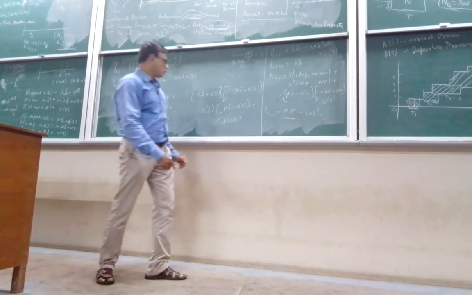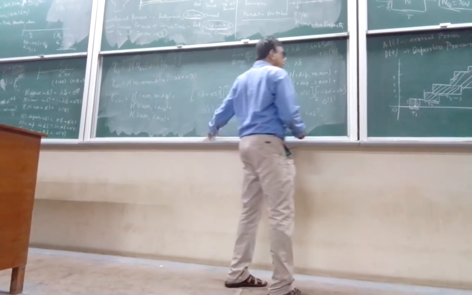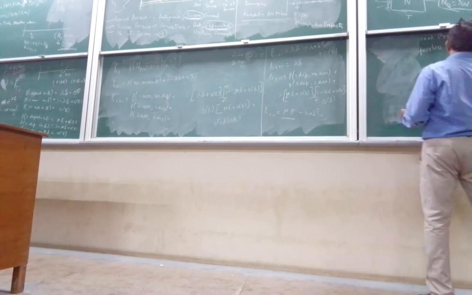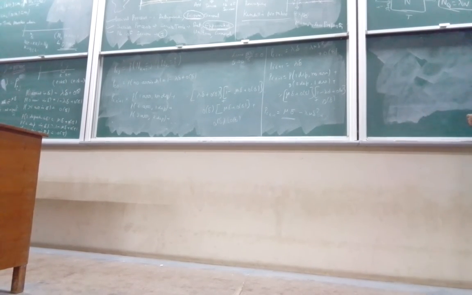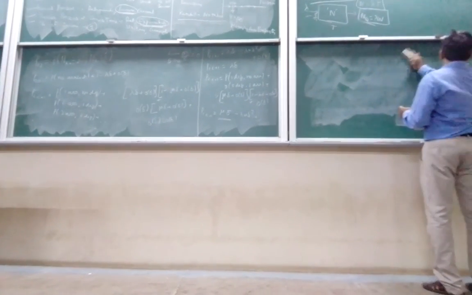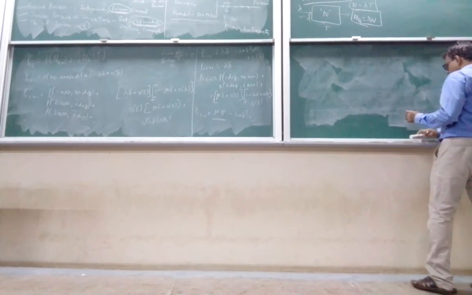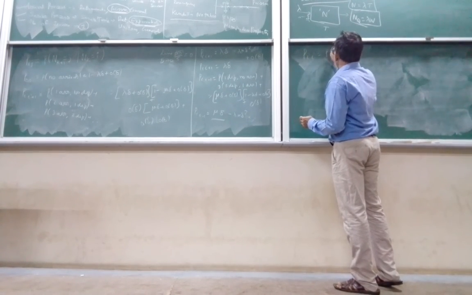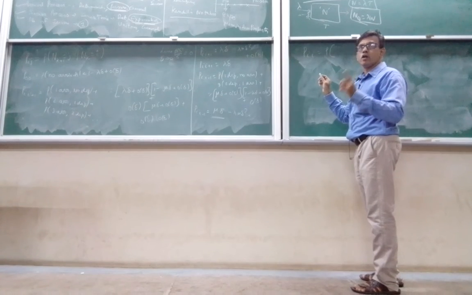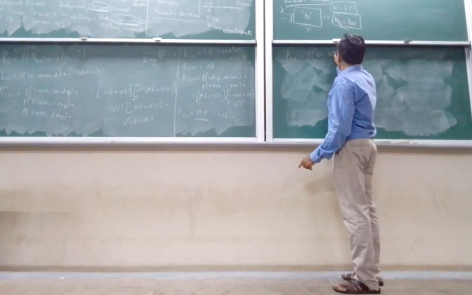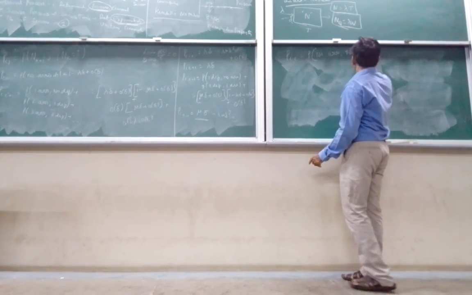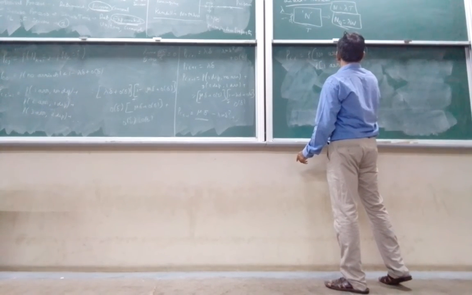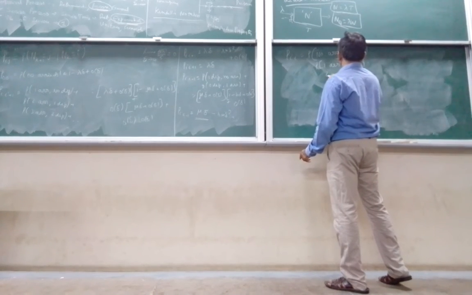Now, one more thing that we have to look at is pi I I, that is the queue length not changing. Probability of no arrivals and no departure, plus the probability of 1 arrival and 1 departure, and so on.